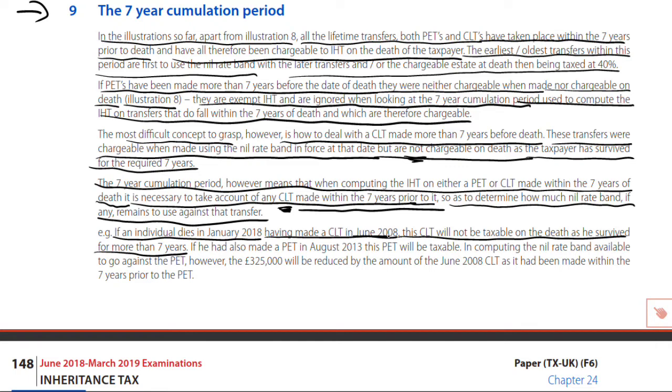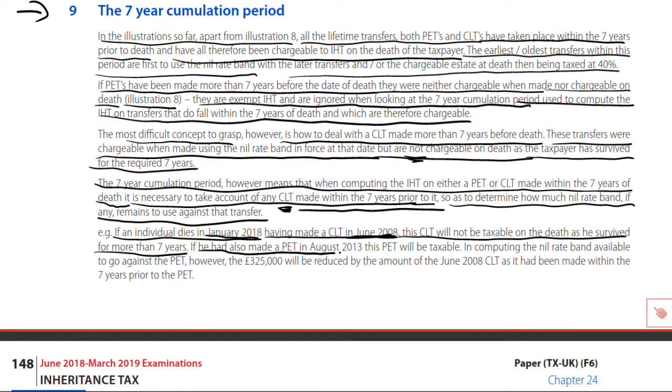If it was made in June 2008, we'd look at the nil rate band available in June 2008 and calculate the amount of lifetime tax. We then establish for it, whether it was a net or gross transfer, what the gross amount of that chargeable transfer was. But our hero has lived till January 2018, so the June 2008 CLT will not be taxable on death as he survived more than 7 years.